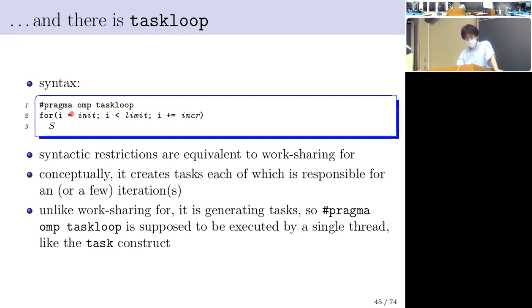Syntactically, it has almost the same restriction as an ordinary for loop, but the underlying execution mechanism is somewhat similar to task parallelism, which I have just talked about. But from a very high-level perspective, it is actually another way of distributing iterations of a for loop to multiple threads.